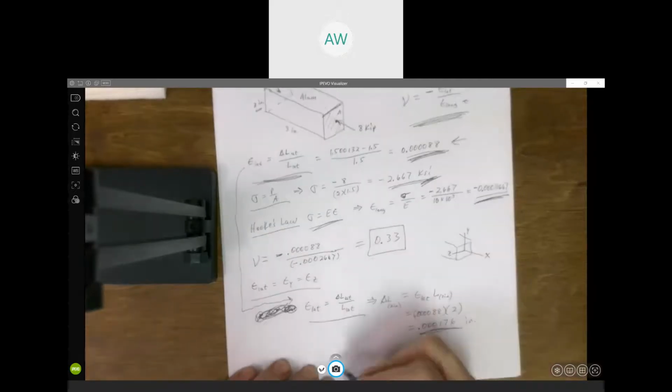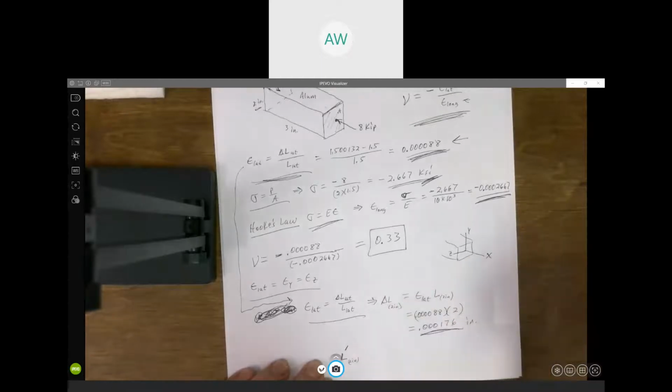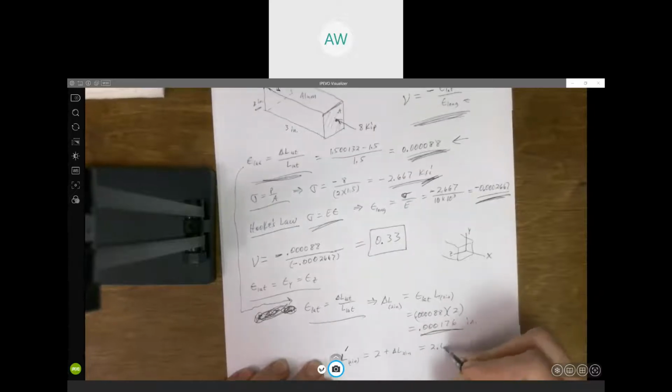We want the new deformed length, which we used this notation previously, call it L prime. That would just be 2 plus that. So it would be 2.000176 inches.